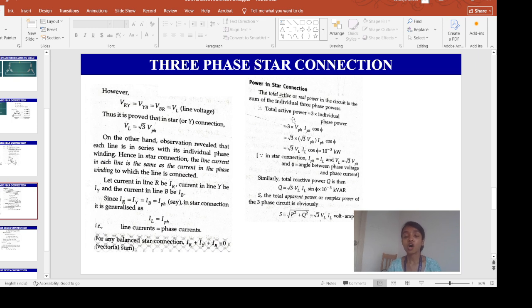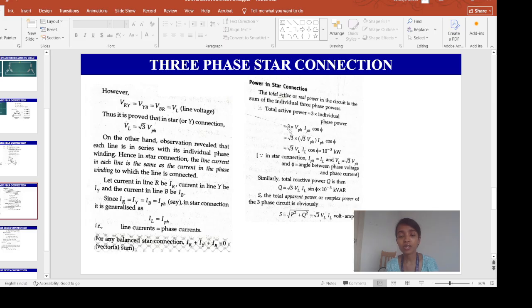We have seen already how to calculate the active power, and it is the power consumed by the resistive component only. So individual phase power is V phase, I phase, cos phi. That is the active power formula, right? VI cos phi. Since we have three phases, it will be multiplied by 3.